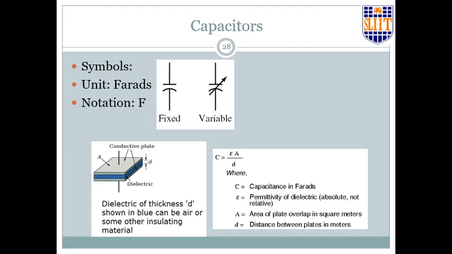The other option is to increase the cross-sectional area. The larger the cross-sectional area, the larger the capacitance value. But you can't put that in your computer or a power supply.